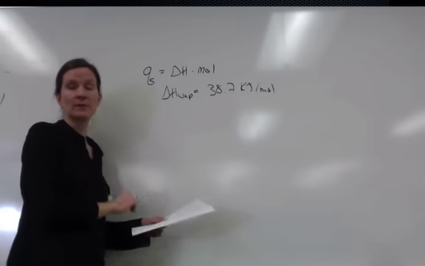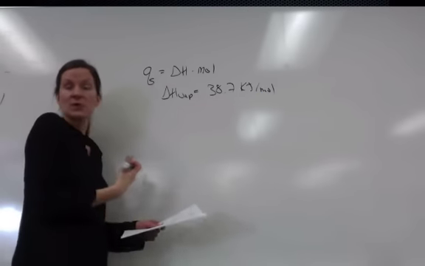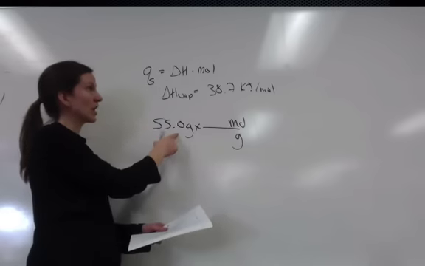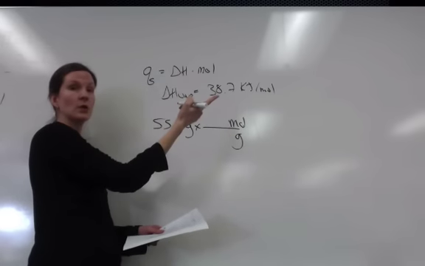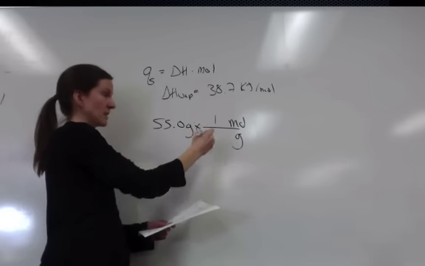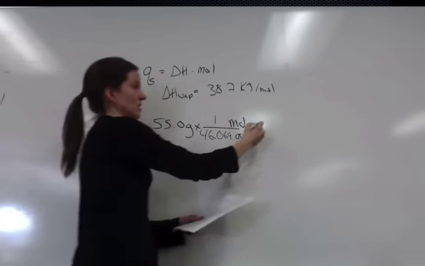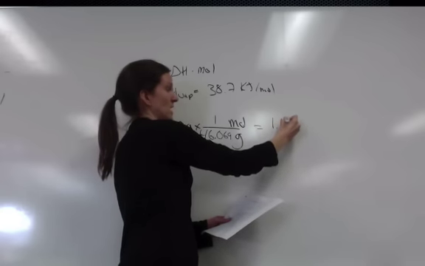Now this problem gives you 55.0 grams of ethanol, and in this equation you need mole, which is not a problem. You see grams, you see mole, you think molar mass, so we're going to go grams to mole of ethanol. The molar mass of ethanol, if you add it up, is 46.069, which gives me a mole amount of 1.19 mole.